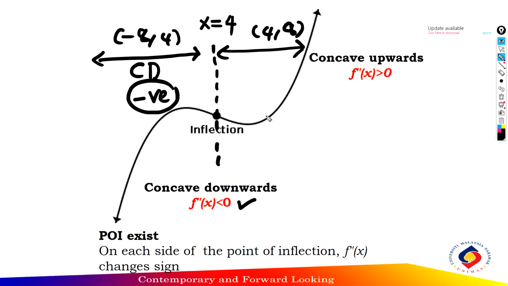Then after 4 to positive infinity, the graph is concave upwards, CU, and the second derivative is greater than 0, so you put the positive sign. The inflection point exists at 4 when the second derivative changes sign. The first interval has a negative second derivative, and after 4 the second derivative changes to positive.